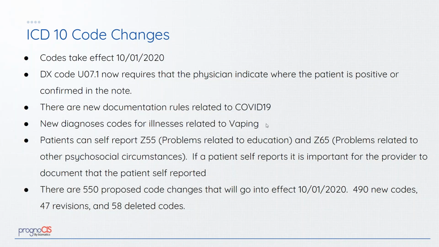So if the provider needs to bill that code, it's still going to be available to him. They just haven't released what the code is going to be exactly. Once we know, though, we will send out an update for everyone, letting you know what that code is.